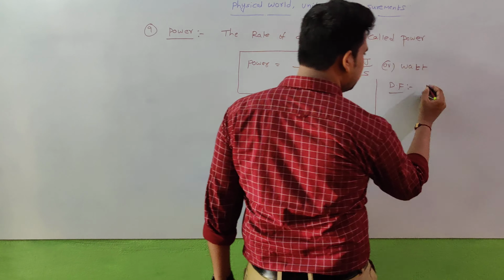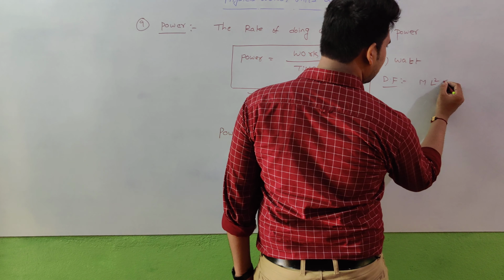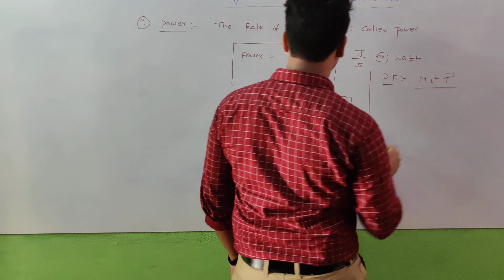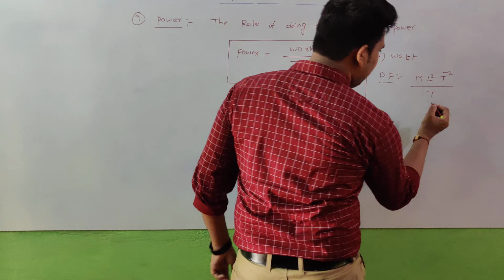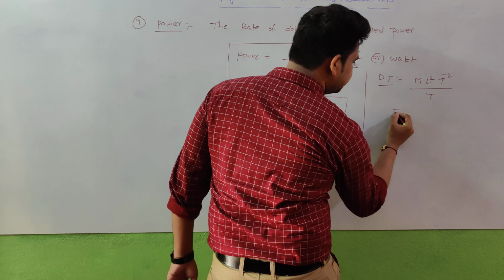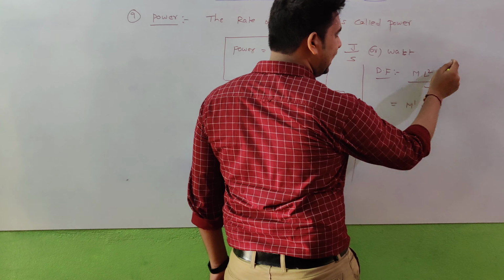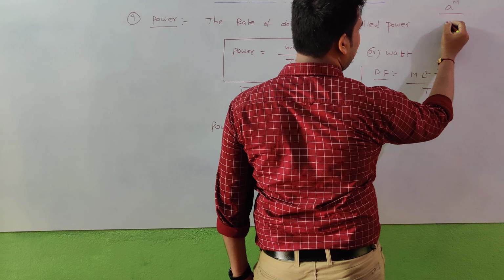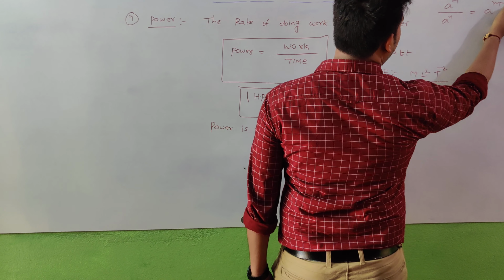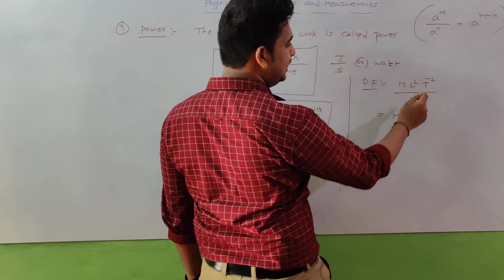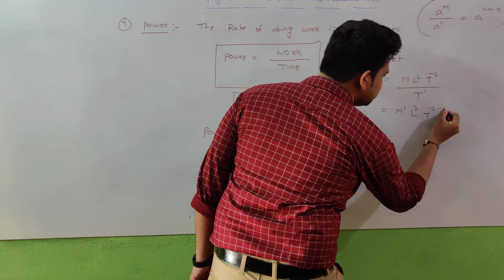Already you know the work dimensional formula. What is the work dimensional formula? M L square T power minus 2. The dimensional formula for time is T. Then how to write this? M power 1 L square T power minus 2 by T. From mathematics, A power M by A power N is equal to A power M minus N. That means T power minus 2 minus 1.